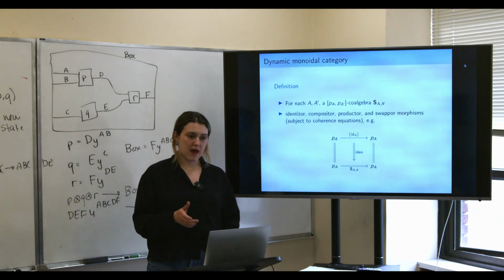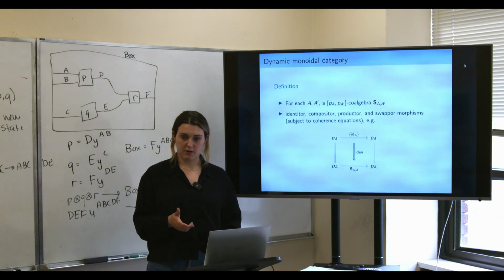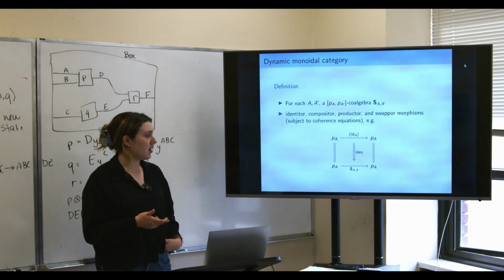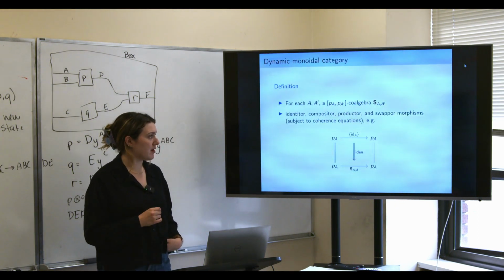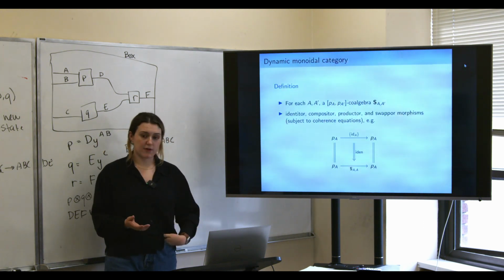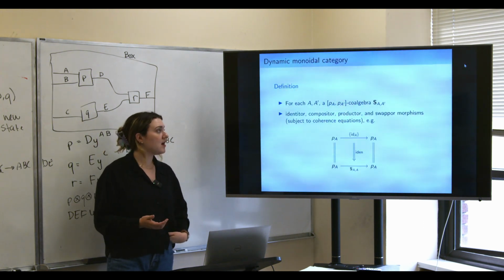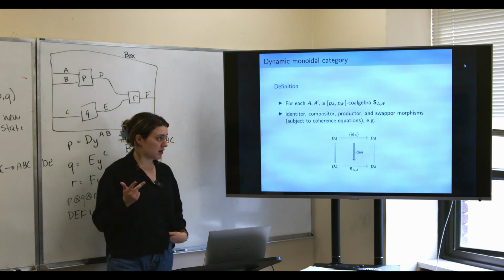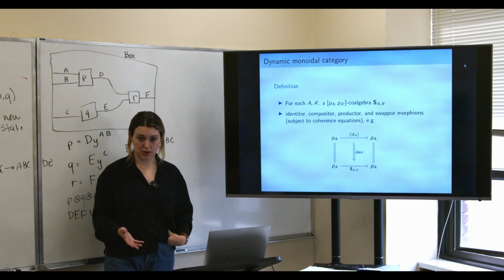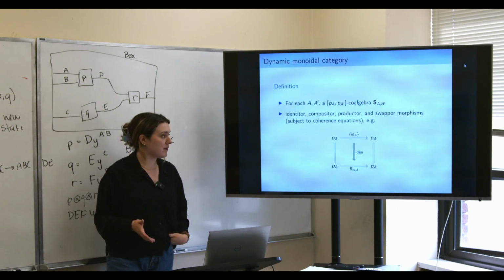And then to each pair of objects in our original monoid, we associate a specific internal Hom coalgebra S(A, A'). And this association of coalgebras has to respect identitor, compositor, productor, and swapor squares that are subject to coherence equations. So what does that mean?